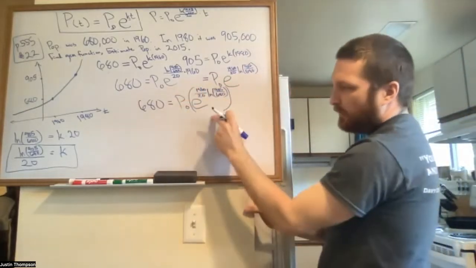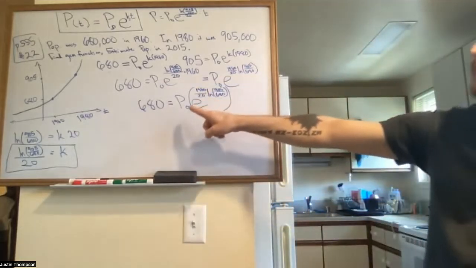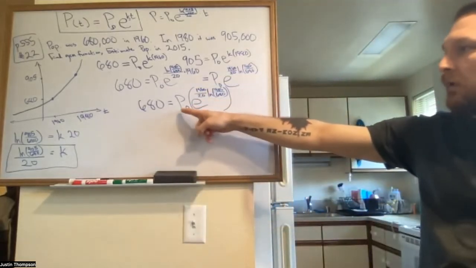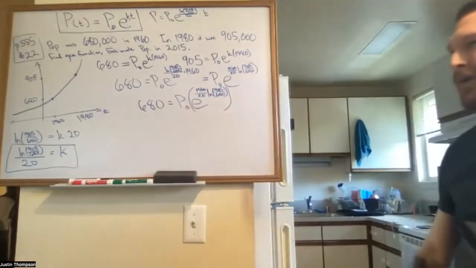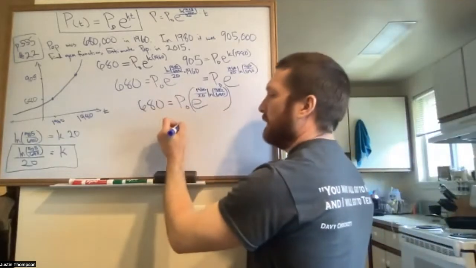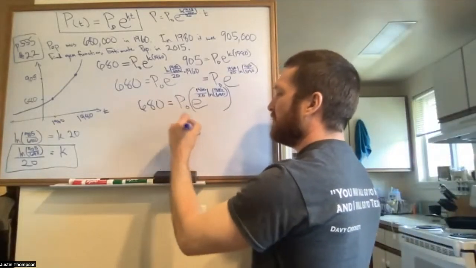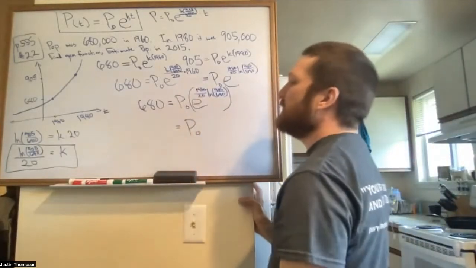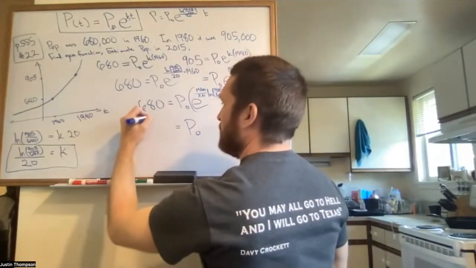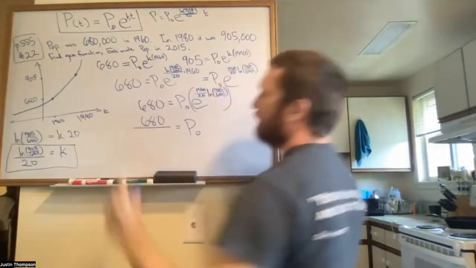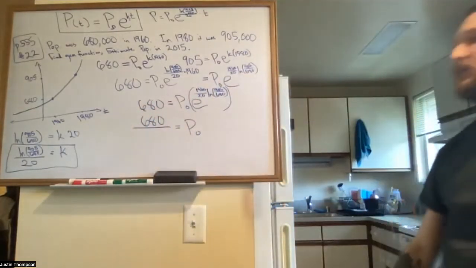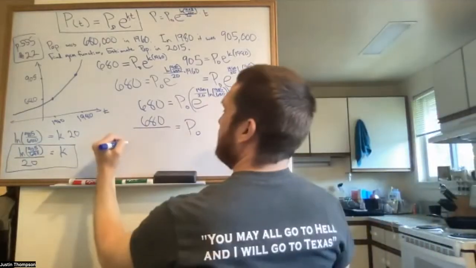So I have some number times the thing I'm trying to solve for equals some other number. Why don't I just divide both sides by that? And I get that P0 is equal to 680 divided by all that junk, which looks really ugly.